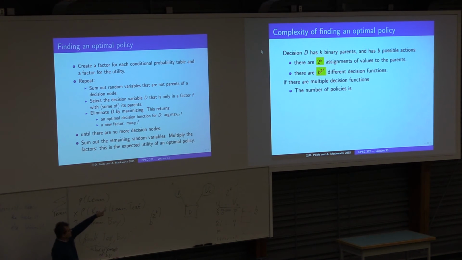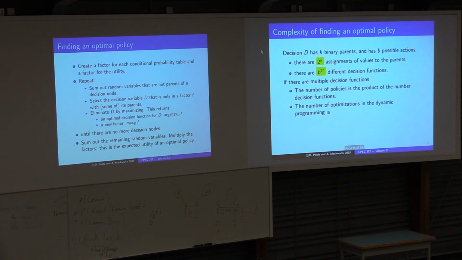If there are multiple decision functions, the number of policies is the product of the number of decision functions. If you thought about enumerating all of these decision functions, effectively little programs, you'd never get anywhere. But we do much better than that.